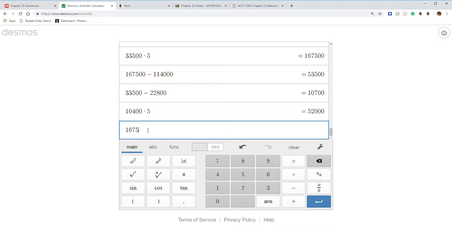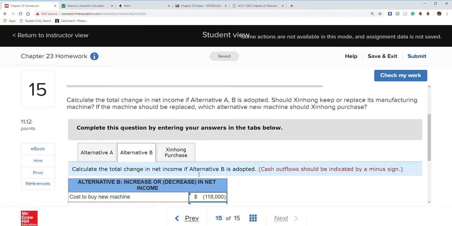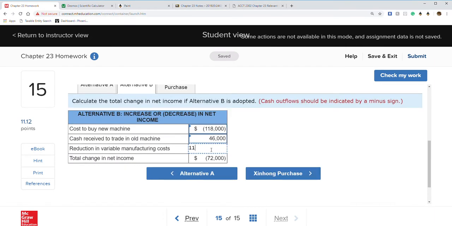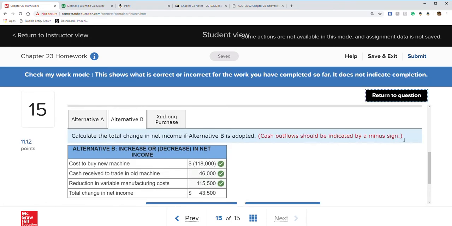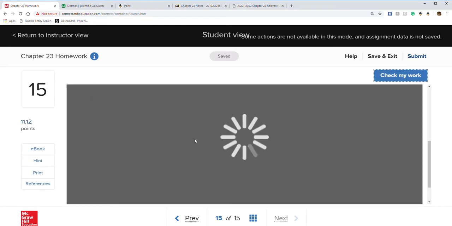So 167,500. Again, that was our 33,500 times 5. Subtract out 52,000, and we get a total reduction of 115,500, which is actually a positive amount. Yay! Everything good? Everything good.